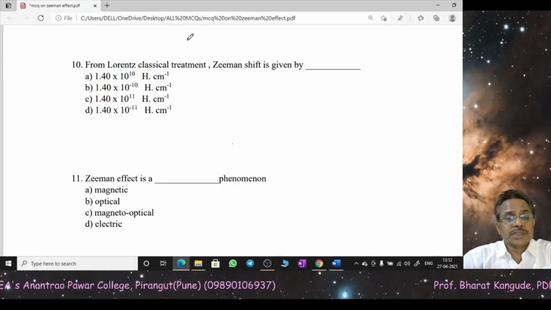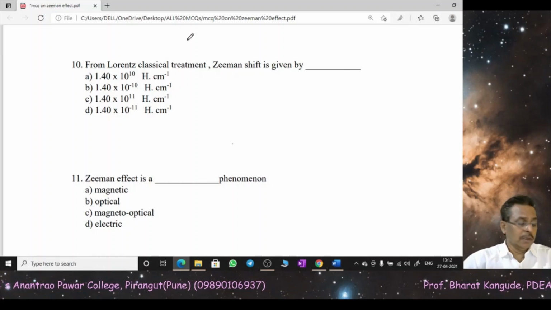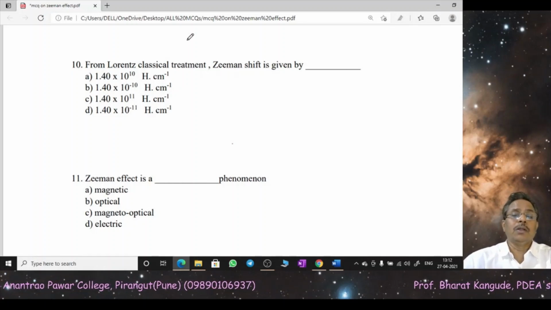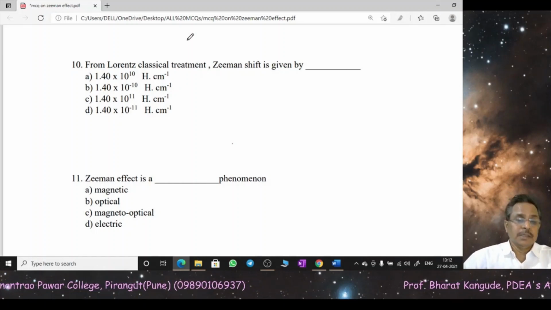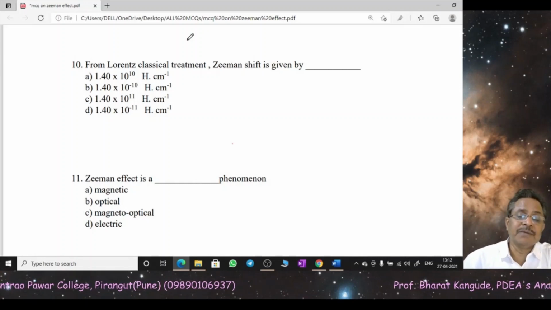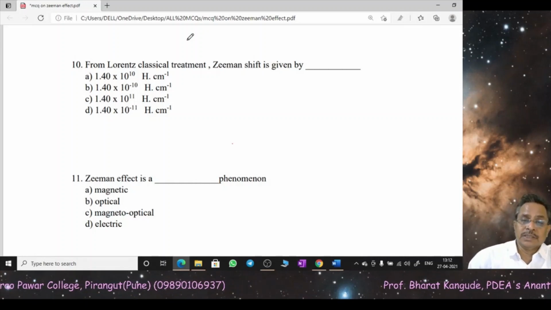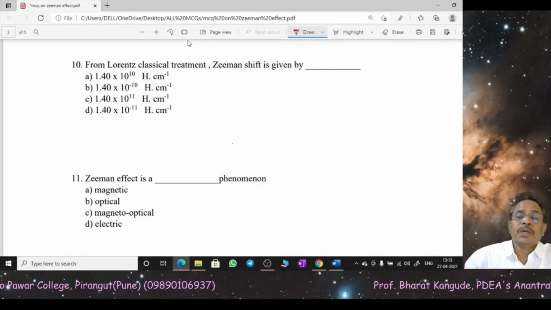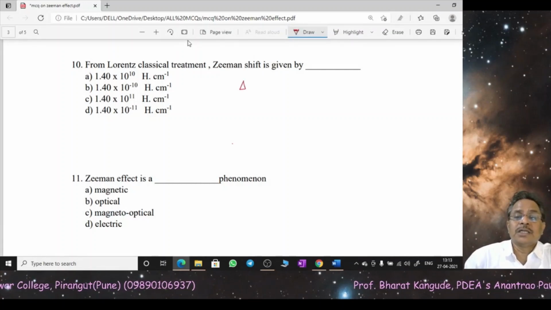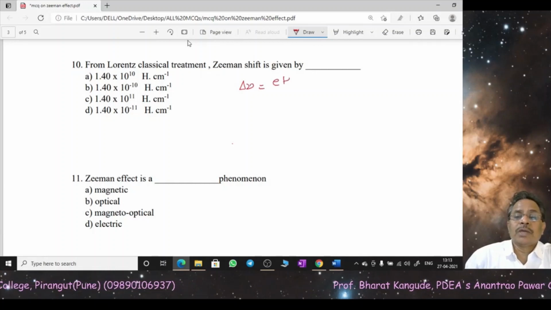Let us go to this question number 10. From Lorentz classical treatment the Zeeman shift is given by, okay, dash dash. We have been given 4 options. The Zeeman shift in Lorentz classical treatment is given by delta nu equal to e into capital H upon 4 pi m.